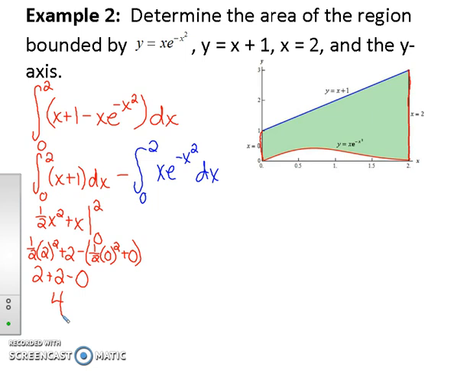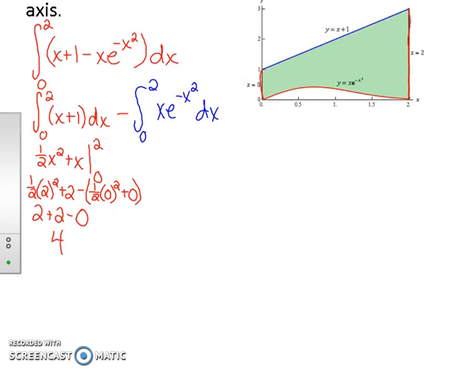All right, now the blue portion, like I said, I'm going to need u substitution for that. My u would be negative x squared, which makes du negative 2x dx, but I don't have a negative 2 in there. So that means negative 1/2 du equals x dx.